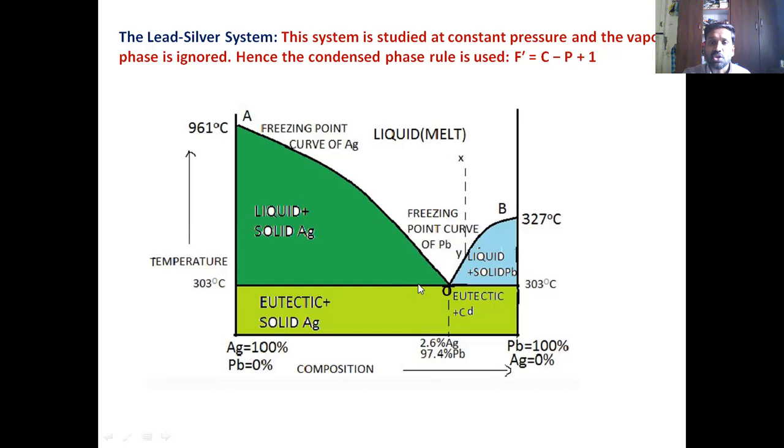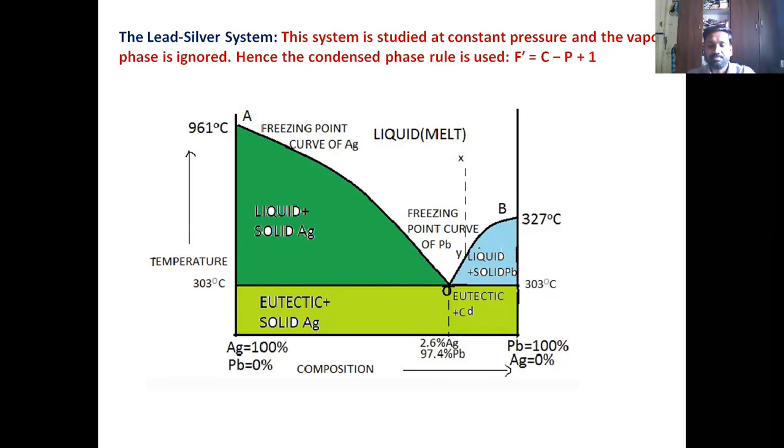You consider the pure metals' melting points, 961 for silver, 327 for lead, and you consider the melting points of alloys of any composition on this composition axis. This composition will have the lowest melting point, and that is called the eutectic point. And the corresponding composition is called the eutectic composition.